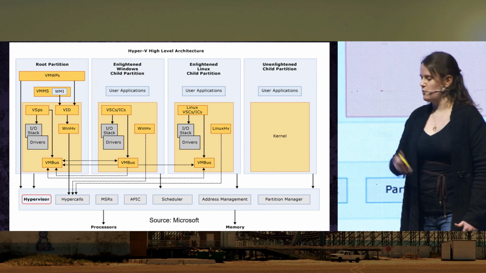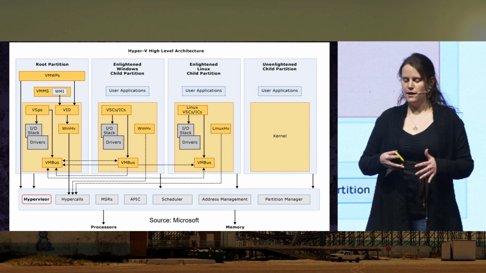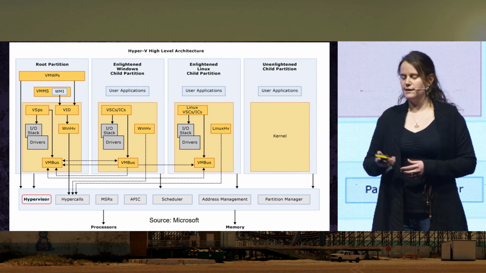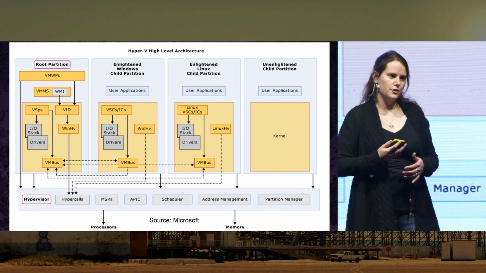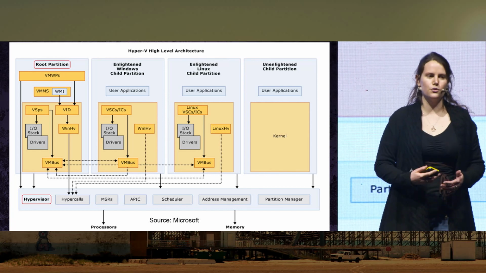So here, the hypervisor is there on the stack. And Hyper-V has a specific structure. It differs from other hypervisors because it has a privileged VM, which is called the root partition. The virtualization is not only implemented in the hypervisor, but also in the root partition.